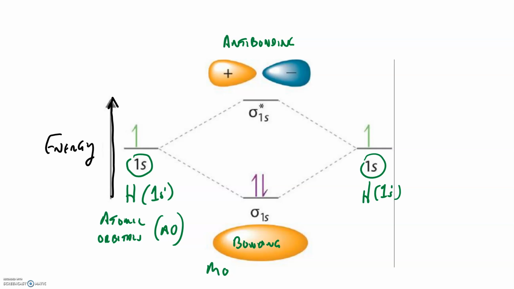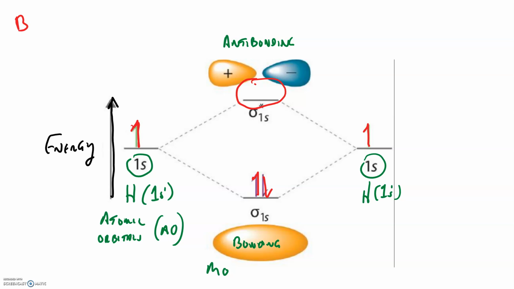So notice that this hydrogen atom has an electron, a single electron because it's 1s, and this hydrogen atom has an electron. When we combine them, we're going to put them in the lowest available energy orbital. That's the 1s formed into the sigma 1s, the bonding orbital. Notice that there is nothing in this orbital, the anti-bonding.